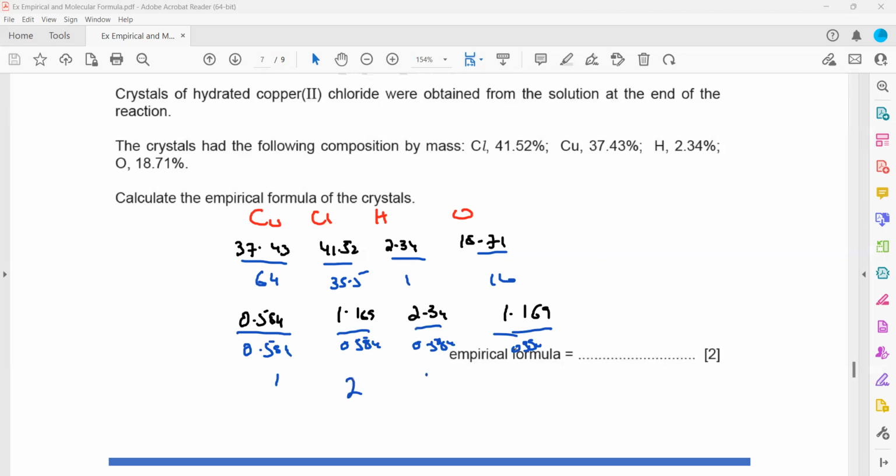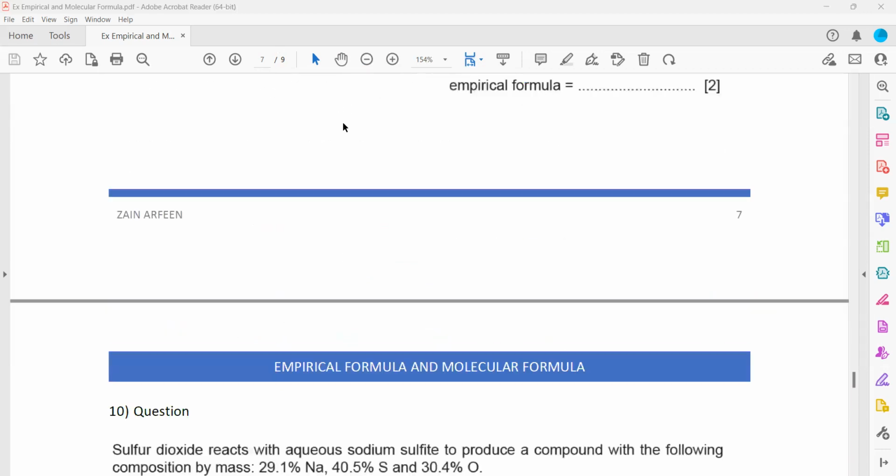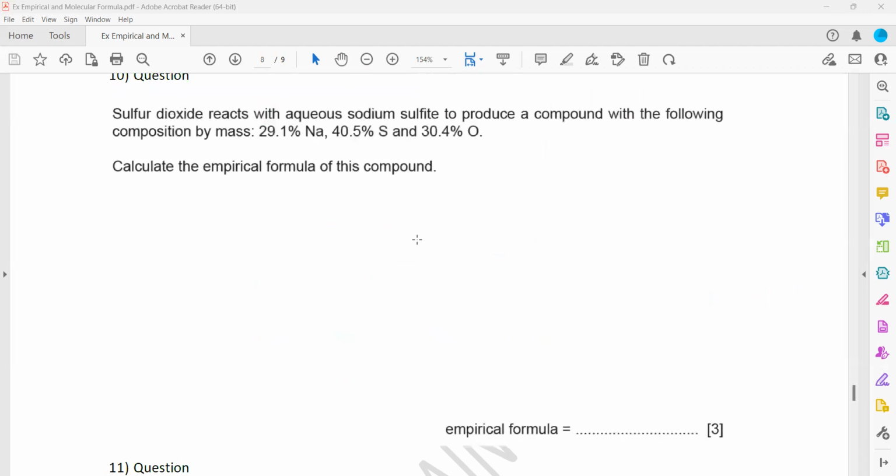This one will be 4, and this one is 2. So the compound contains Cu, Cl2, H4, O2. It's the same way we work out: we divide by atomic mass, then we divide by the smallest value, and then we make the simplest ratio in whole numbers.